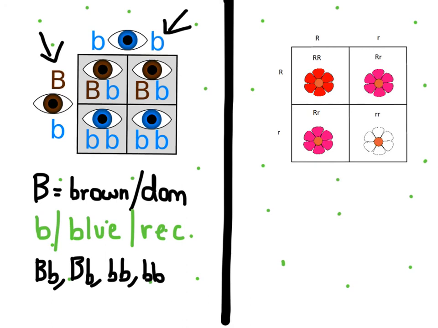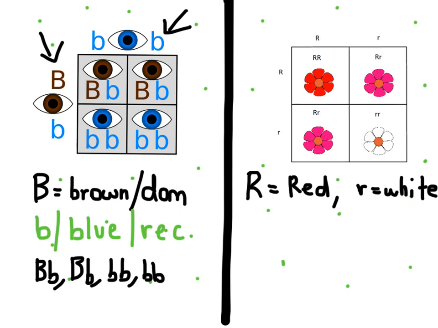For our last example, we will cross two pink plants, big R little r and big R little r, where the big R is dominant and the little r is recessive. In this case, the big R little r becomes pink instead of red because of Mendel's law of codominance, where neither allele is dominant or recessive. The big R little r should be red because of the dominant big R, but in this case it's pink because of codominance.